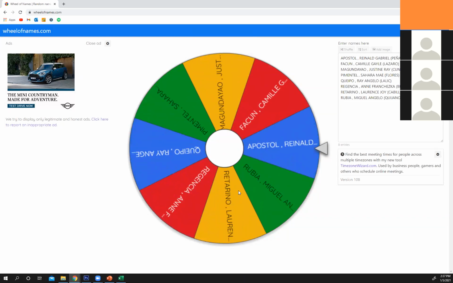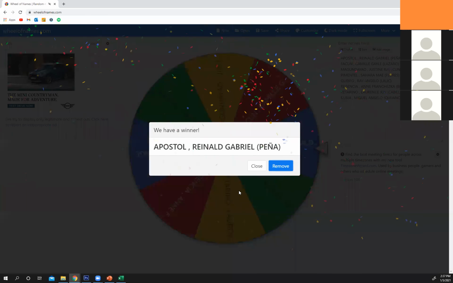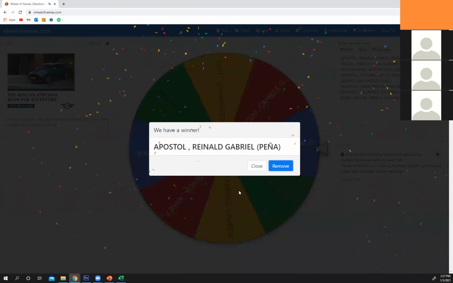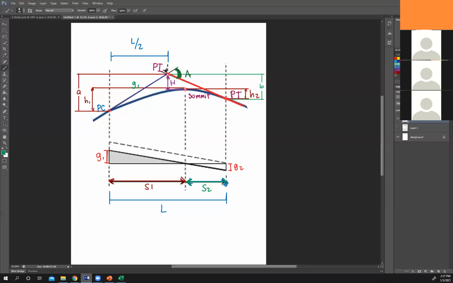Reynald. Okay. What do you call the slope of this? Correct. G2.